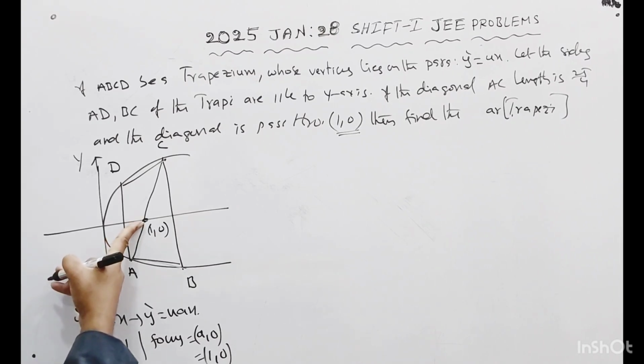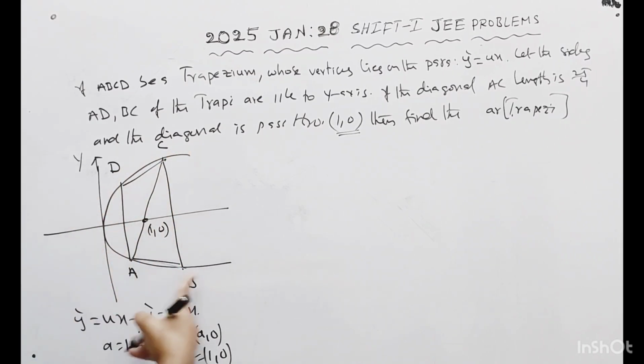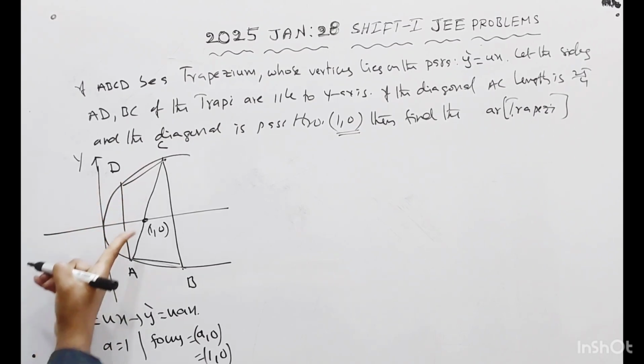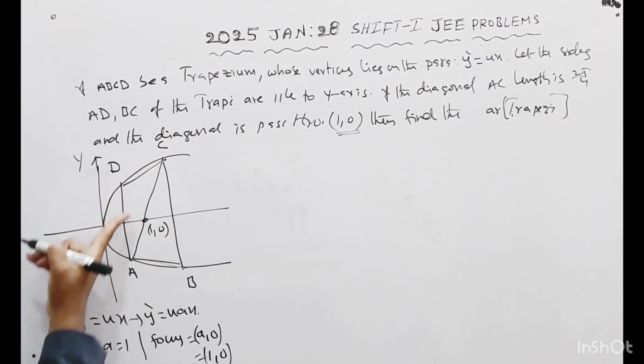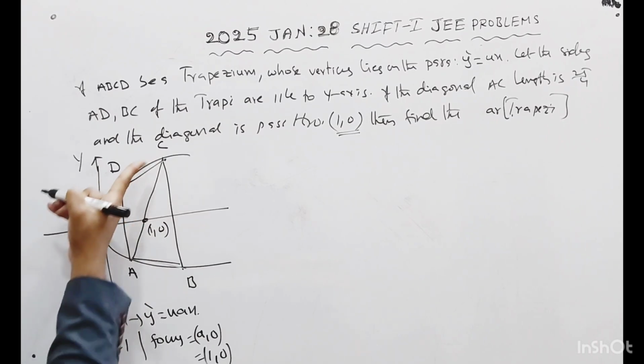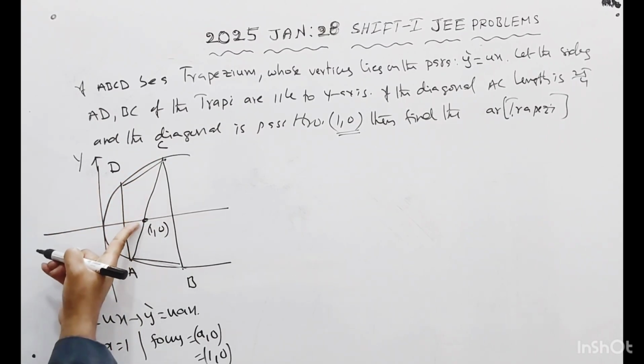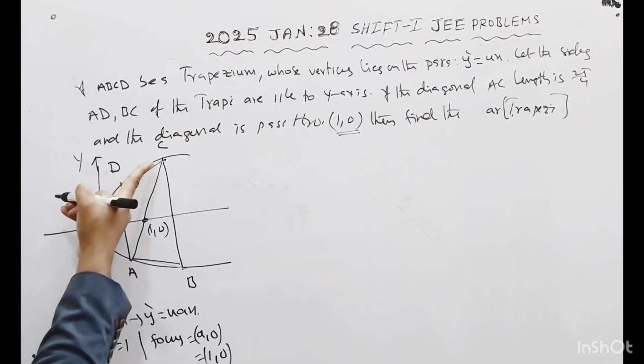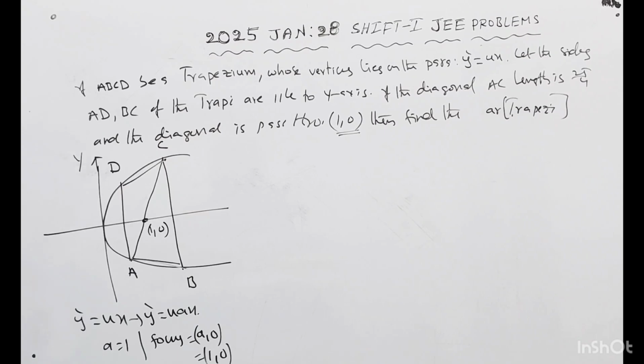So (1, 0) is the focus of the given parabola. This AC diagonal is passing through (1, 0), nothing but the AC diagonal is passing through the focus. If any line is passing through the focus, that is called a focal chord. So AC is the focal chord, as well as the diagonal of the trapezium.